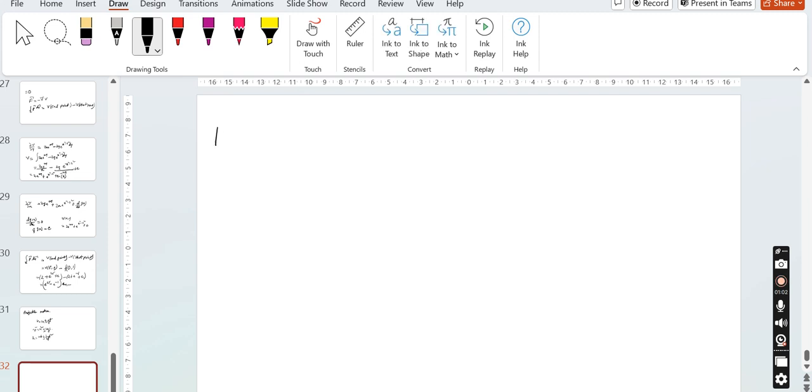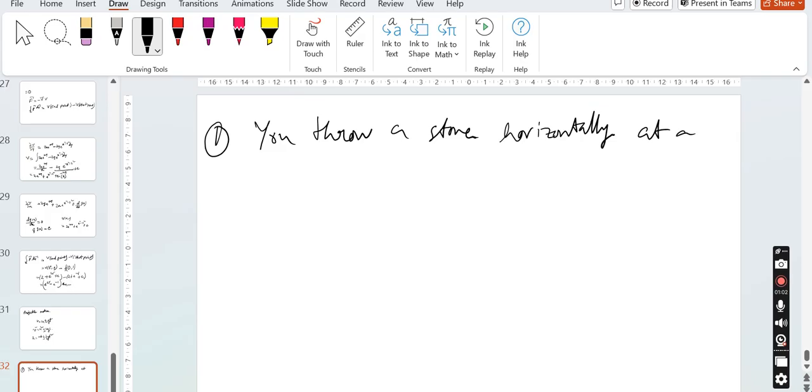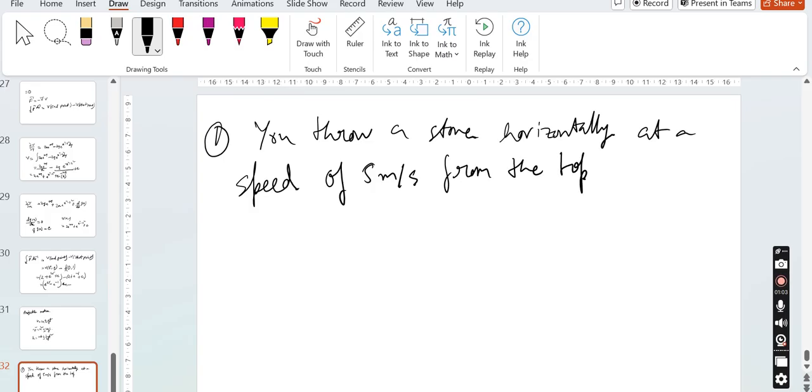Start with the first question. A stone is thrown horizontally at a speed of 5 meter per second from the top of a cliff that is 78.4 meter high.